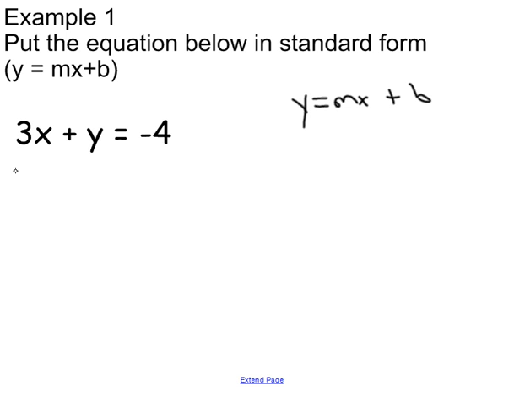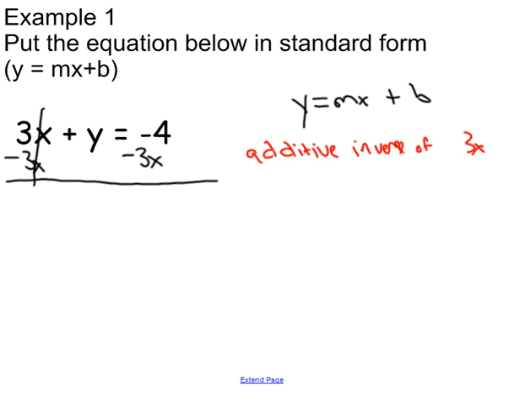So here we're going to use the additive inverse to move the 3x to the other side. So we're going to perform the additive inverse of 3x. So that will be minus 3x, minus 3x.